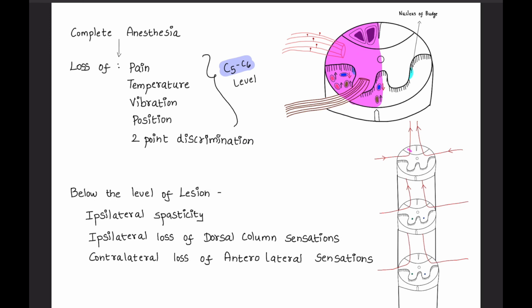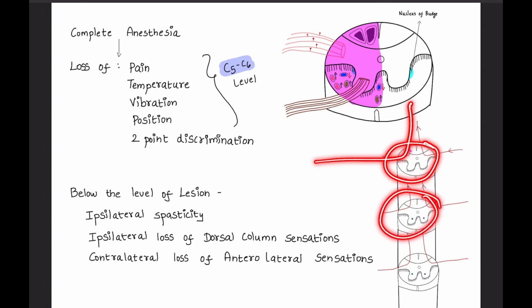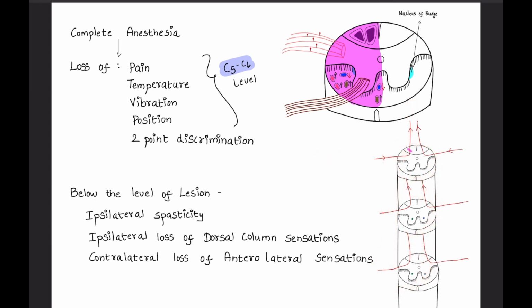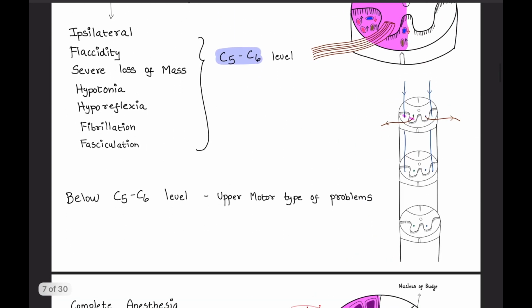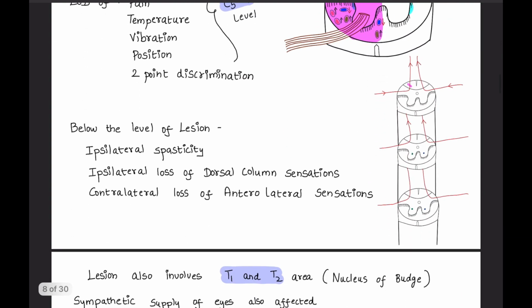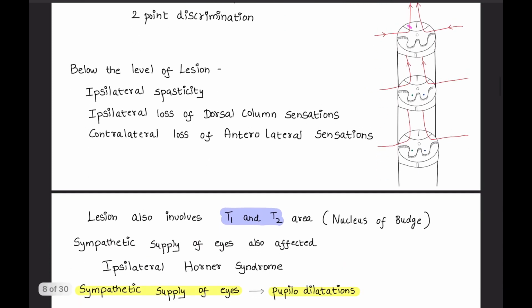Please note that at the level of lesion the information is passed, but below the segments of the lesion the information is stopped. The same goes for the corticospinal tract. The information is passed until this vertebral segment, but it cannot go to the other segments from the brain. So this is the basic concept; please do not get confused.